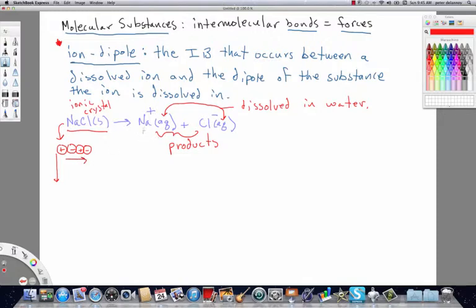In the case of the ions that are dissolved in the water, they are going to be present in what are called hydration spheres. So the sodium ion is going to look like this, and it is going to be surrounded by water molecules, which are oriented so that the negative oxygen faces in towards the positively charged cation.